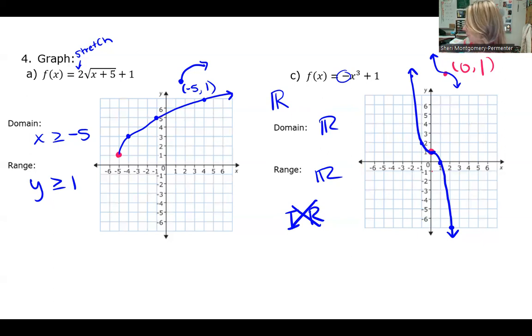So I would like for you guys to try B and D. I'm going to pass back some papers. I want you guys to try B and D. You have a pencil, so use a pencil. Because if you need to, you can erase.